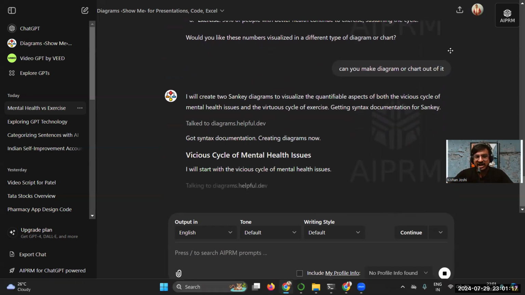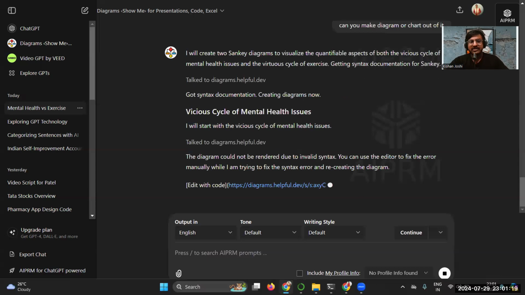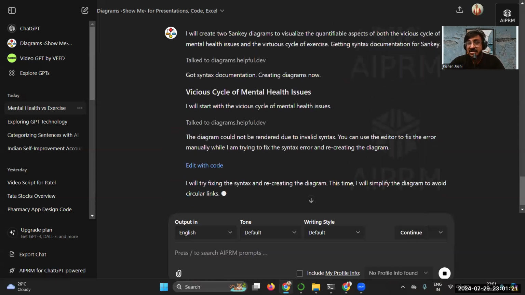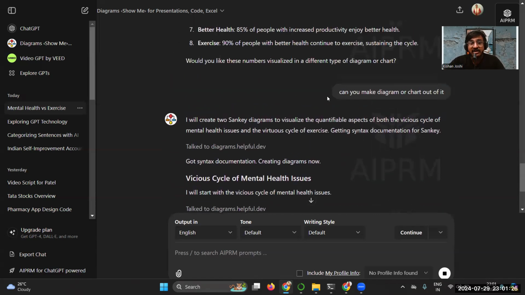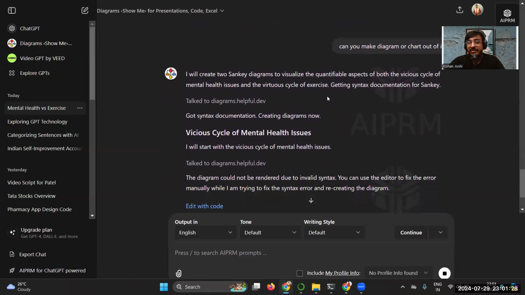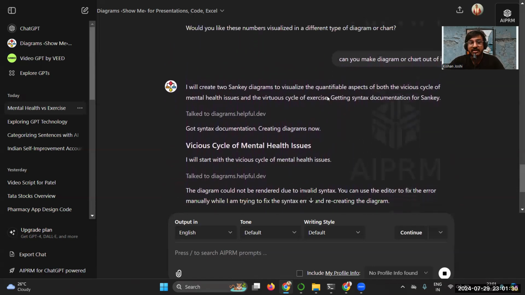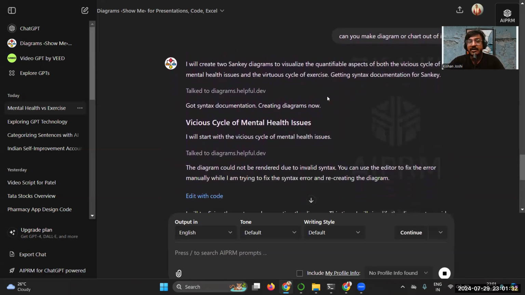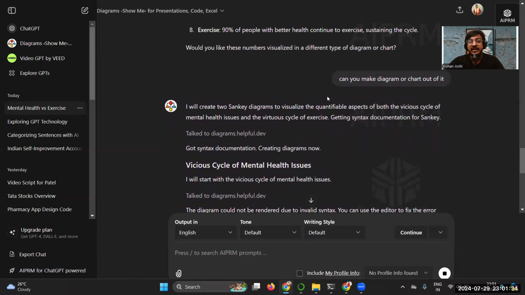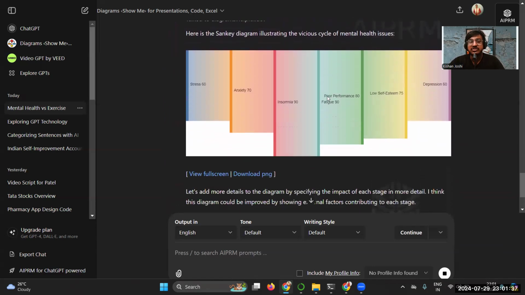It is saying it is performing the action. It seems like it is working under the hood. It will create a Sankey diagram. I don't know what a Sankey diagram is. It will visualize the quantifiable aspects of the vicious cycle and the mental health issues.